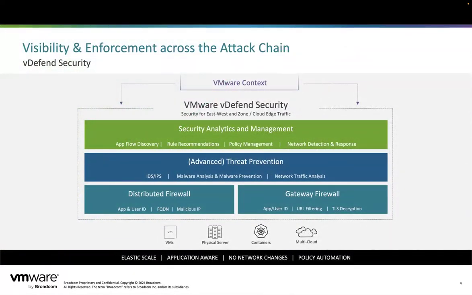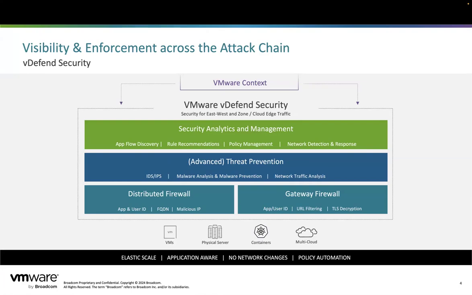Remember that VMware vDefend Security, built on top of our hypervisor, includes distributed firewall and gateway firewall. Those are the things we've been talking about so far. And then also advanced threat prevention. Here we'll start to dig deeper into security technologies like IDS and IPS, that's intrusion detection and intrusion prevention, malware analysis and malware prevention, network traffic analysis, and also network detection and response, which we can loop into the whole security analytics and management.